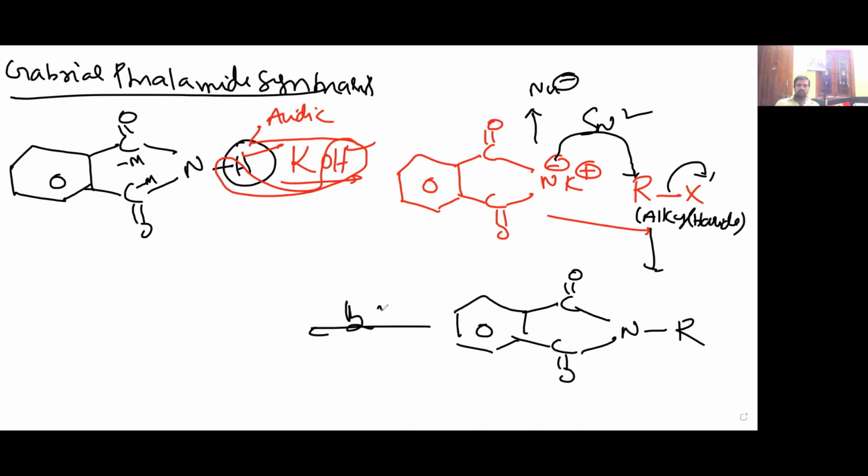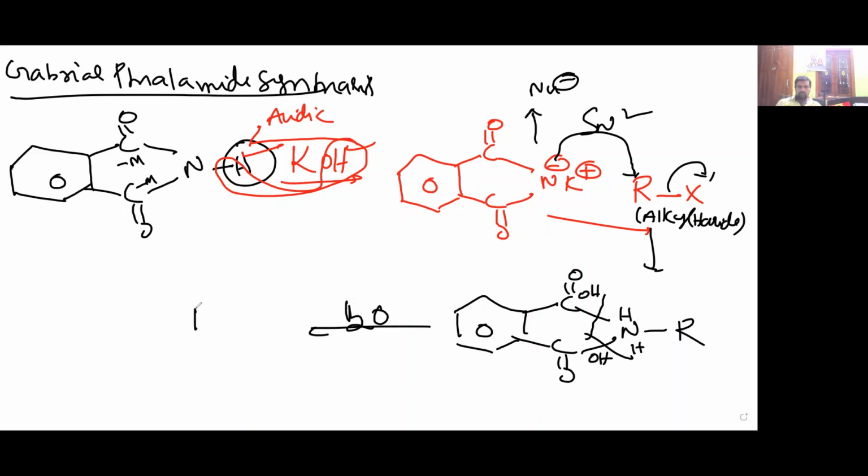This N substituted amide on hydrolysis: the bond must be shifted towards the nitrogen side only, because nitrogen is more electronegative. Here H is added, here OH is added, here H is added, here OH is added. That's all. And what will happen if you add base? Suppose base is added, then only COO minus is forming.